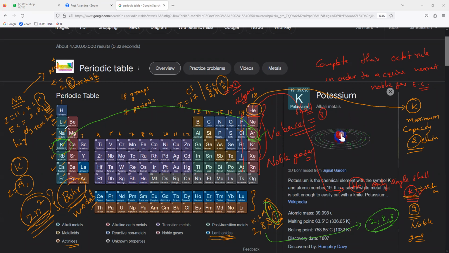Now, sodium by loss of 1 electron acquires the nearest electronic configuration of whom? Neon. Chlorine by gain of 1 electron, 17 becomes 18, 2, 8, 8, acquires the nearest electronic configuration of whom? Argon.